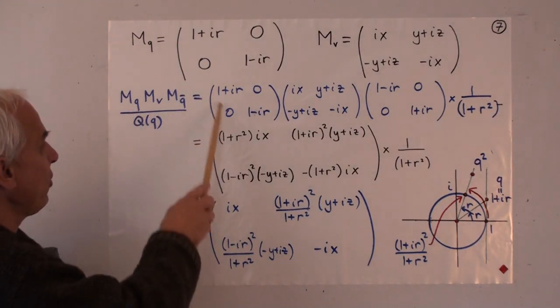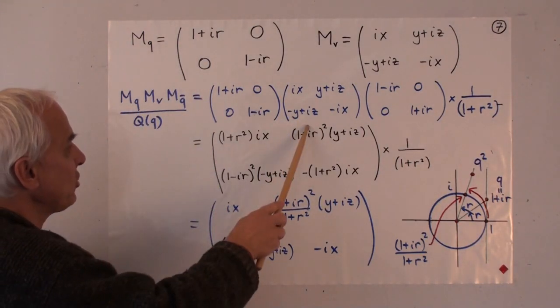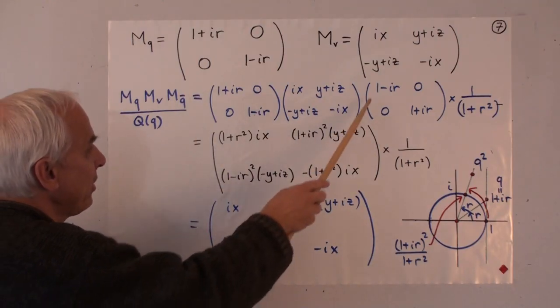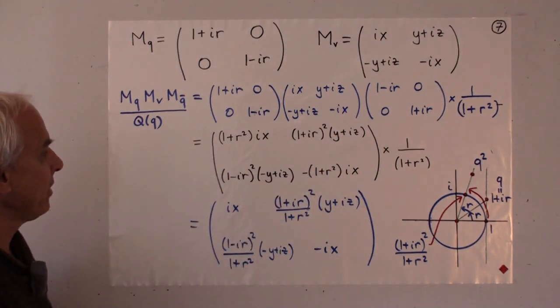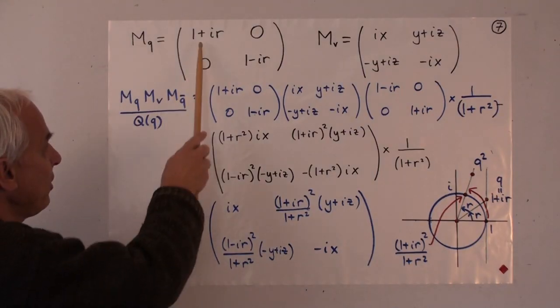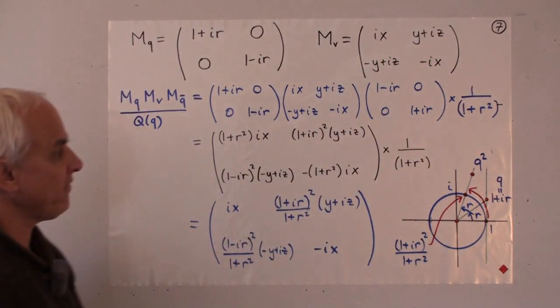So m sub q, m sub v, that 2 by 2 matrix, m sub q bar, complex conjugate, dividing by the quadrance of q, which will be 1 plus r squared, we have to divide by.